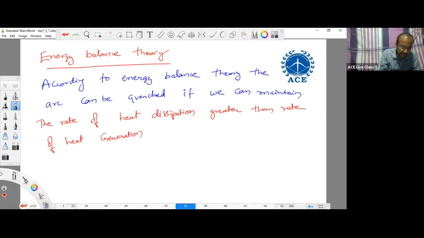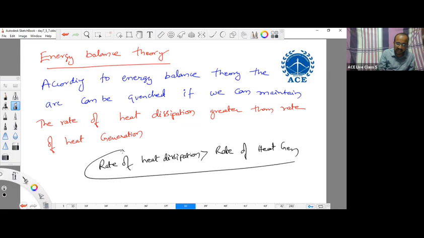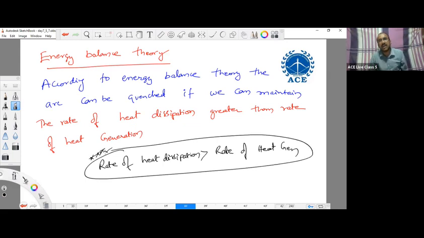So what condition must be satisfied? We should maintain the rate of heat dissipation greater than the rate of heat generation. If you can maintain this condition, the arc can be quenched according to energy balance theory.